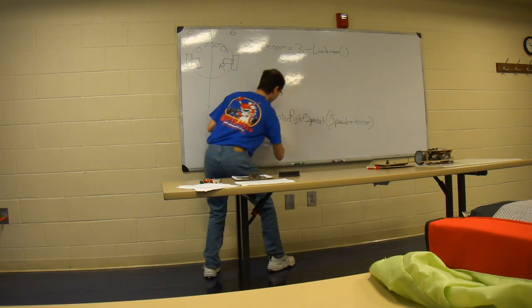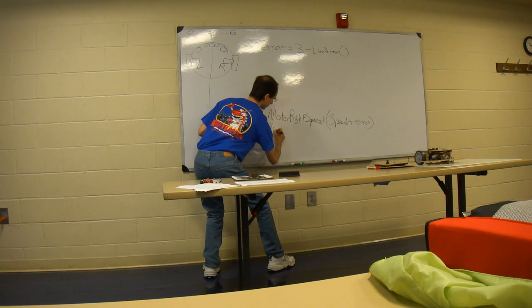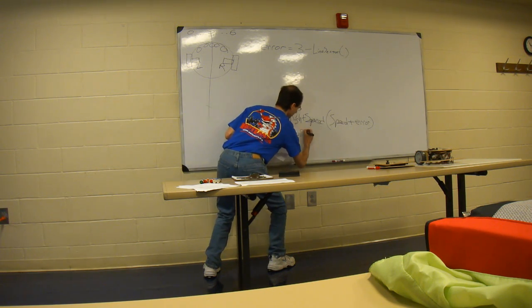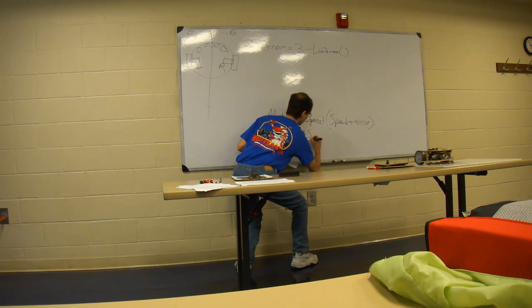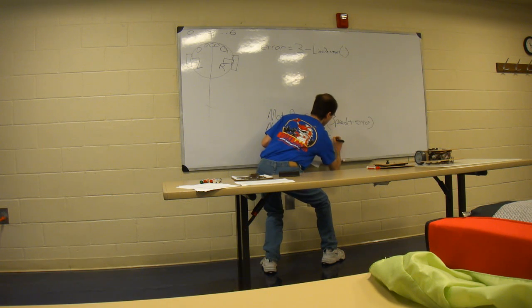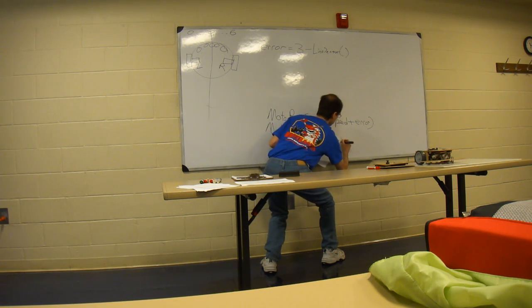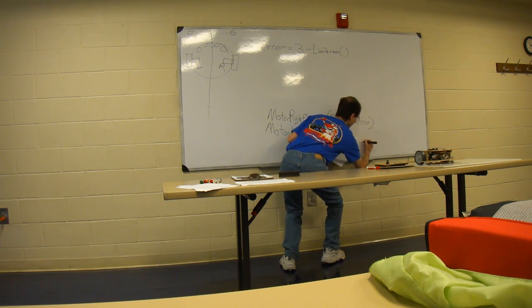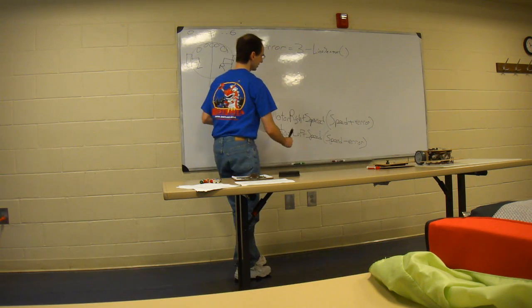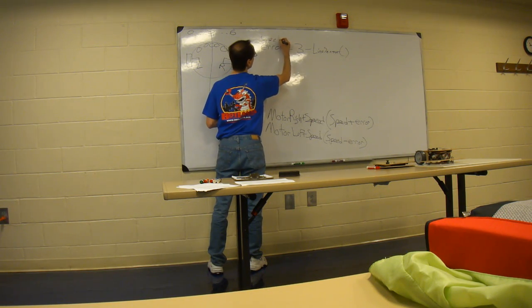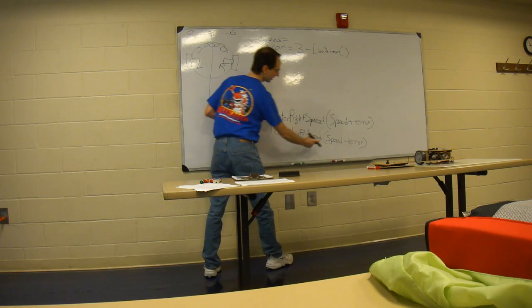Then we would make another call to the other motor. Motor left speed, minus the error. And we would have a variable up here called speed, where we would set the speed.